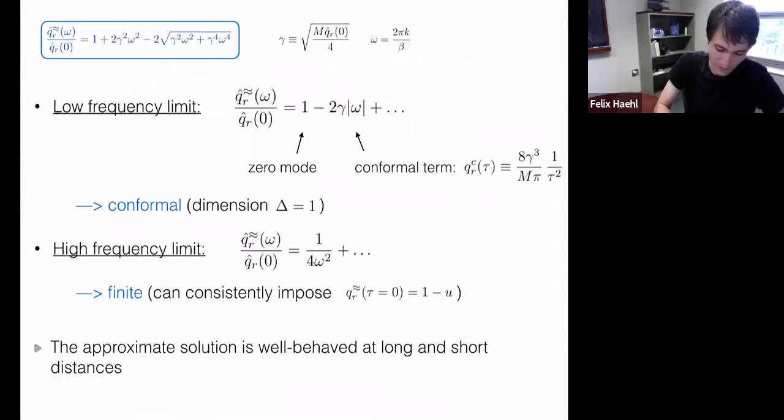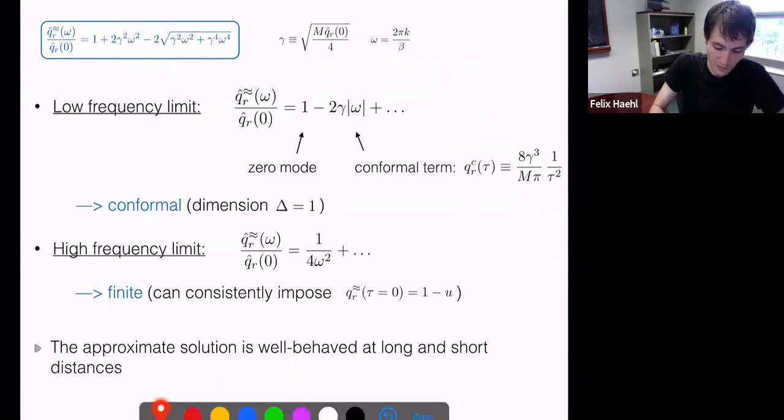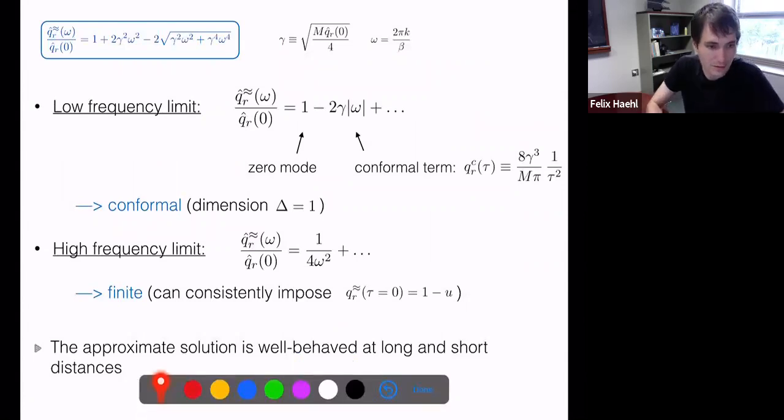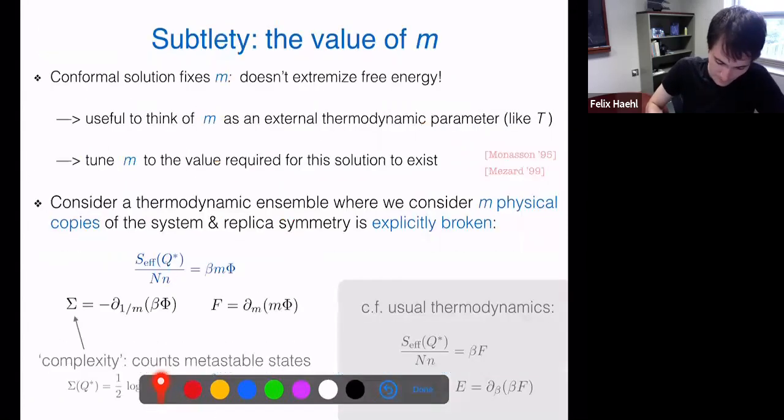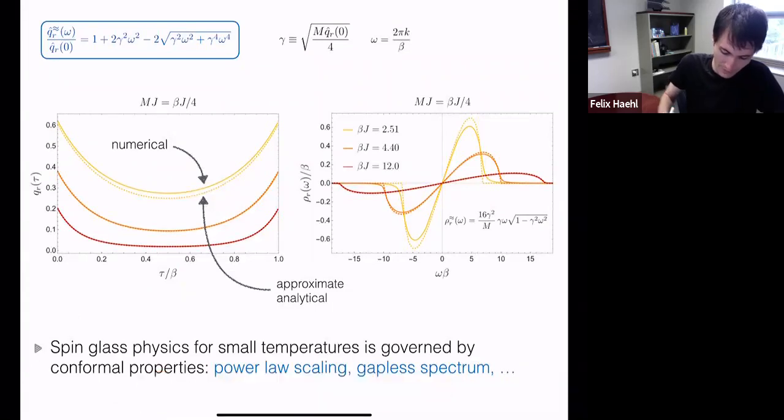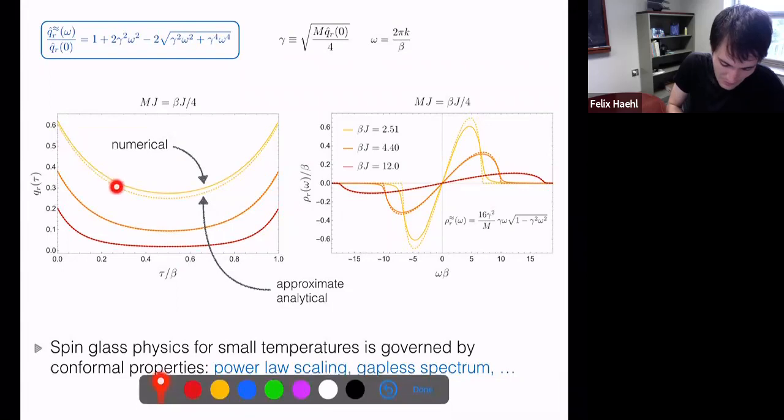Yeah, and then here I have 2 different expansions for small and for large frequencies. It's maybe more useful to plot this. So here I just plotted this approximate solution. These are the dotted lines. And you see they fit very nicely to the numerical solution, both at short and at long distances.